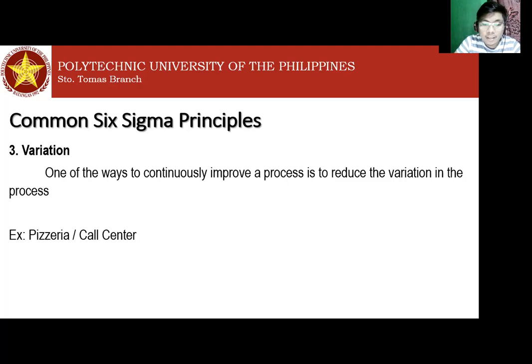For example, in a pizzeria or in a pizza store, the variation is the quantity or the amount of cheese you're going to put on a pizza, the tomato sauce, or the ingredients. So what we are going to do for Six Sigma is to reduce the variation. Kumbaga, every time we serve pizza, kailangan same lang siya ng content or same lang siya ng amount ng ingredients.